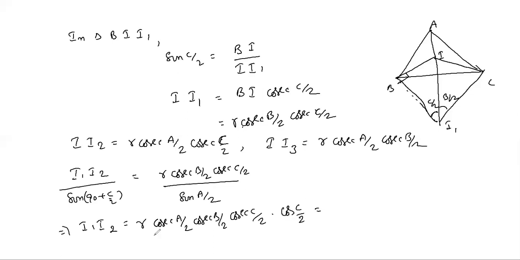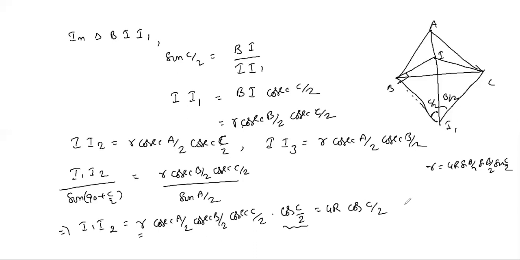But we know R is 4R sine A by 2 sine B by 2 sine C by 2, so the cosecants cancel. At last we have 4R cos C by 2. So this is the excentral side I1I2: 4R cos C by 2.